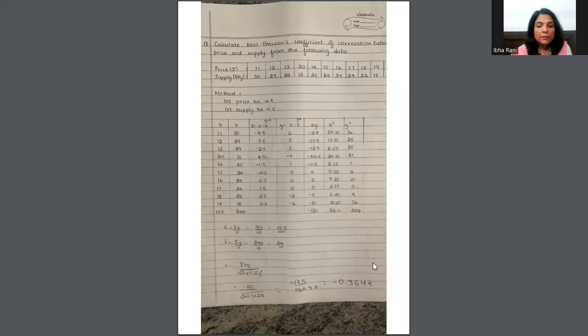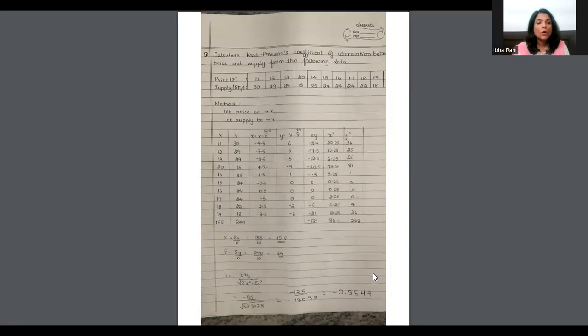After the calculation, we got minus 0.9542. So whenever it is a minus value, now always in Karl Pearson's coefficient of correlation, we have to interpret the value of R which we have got. Here R is minus 0.9542. It means that if the price of the product increases, supply will decrease, or vice versa.